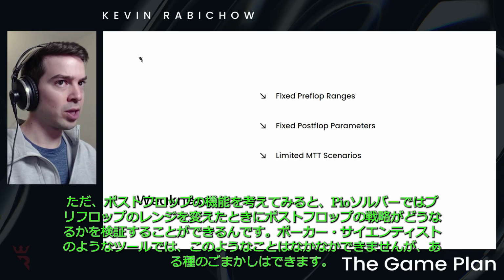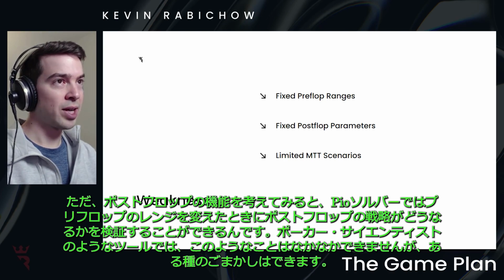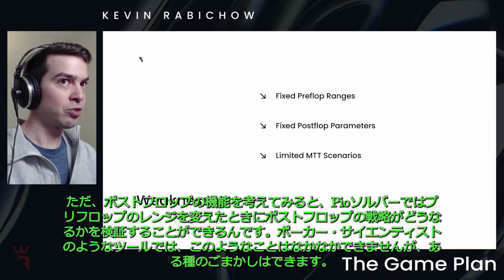But just thinking about the postflop functionality for now, PIO Solver lets you examine the difference in how a postflop strategy would play out when you change a preflop range. And this is much harder to do with a tool like Poker Scientist.